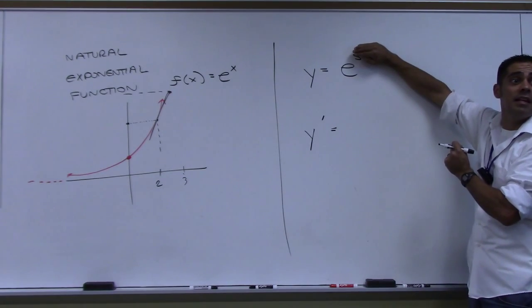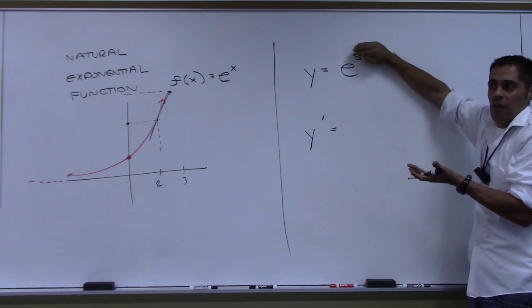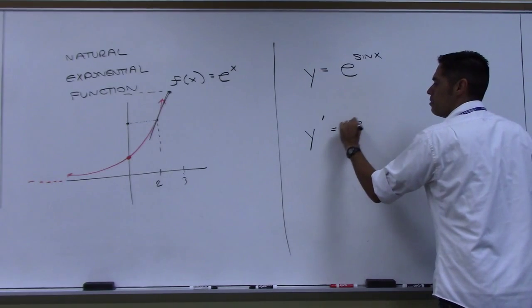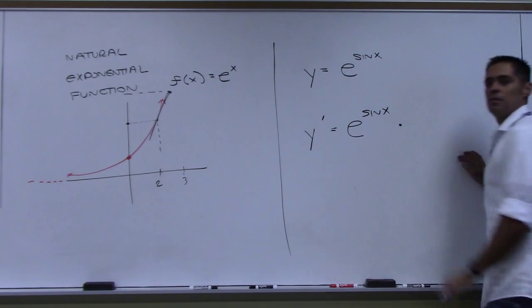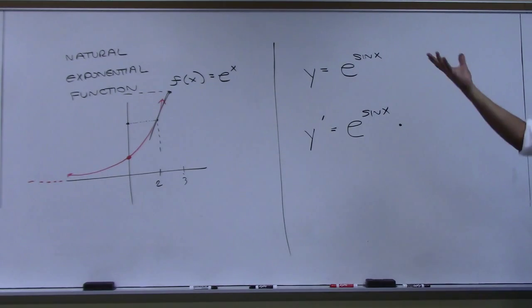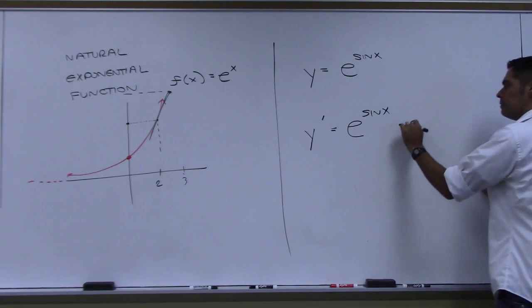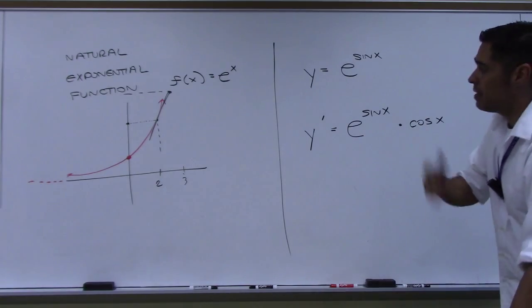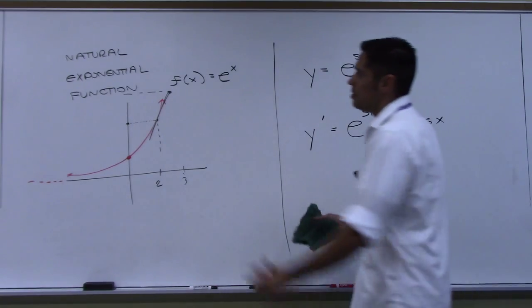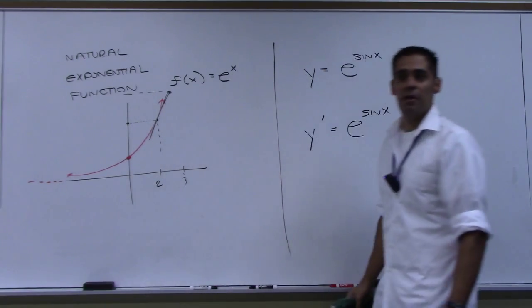What's the derivative of e to anything? Itself, right? So I should write down e to the sine x. But then chain rule says times the derivative of what was up there, which is cosine x. And that's it. That's your derivative. There's only one thing that's new here with this last 10 minutes I was showing you. Everyone needs to understand that the derivative of e to the x is itself.